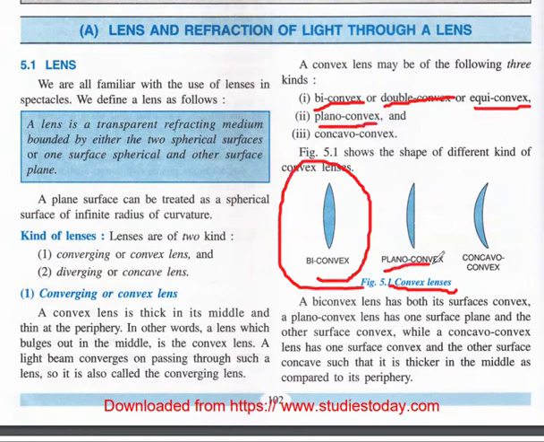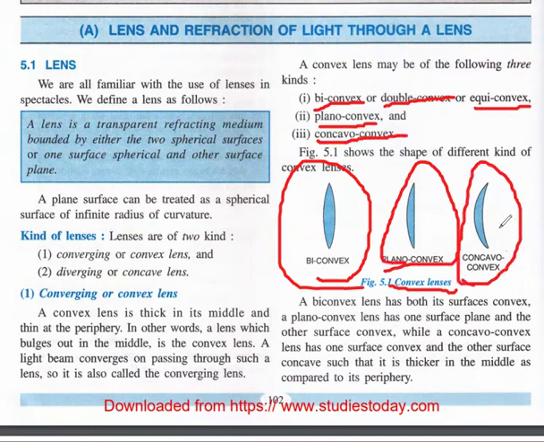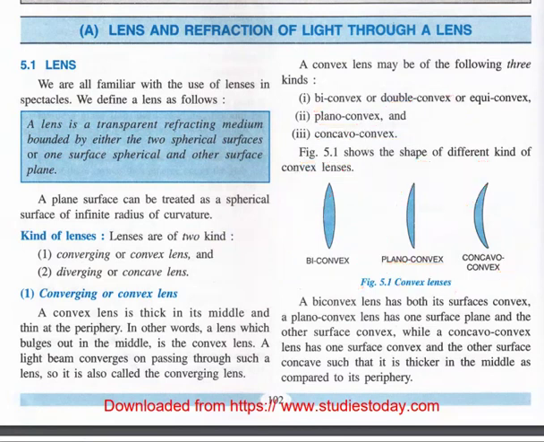Then plano-convex and concavo-convex. In this chapter, you have to focus more on these two, so just keep them in mind. I guess that's it. We'll go to the next page.